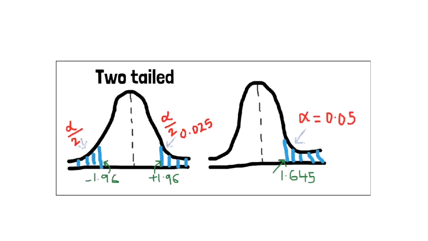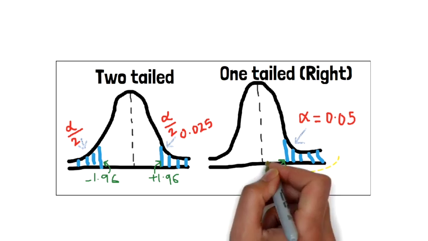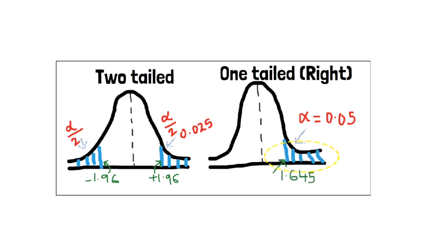Statistically, there will be some differences between one-tailed and two-tailed tests. One-tailed test will have just one critical region, while a two-tailed test will have two critical regions. When performing a two-tailed test, we need to consider alpha/2 rather than alpha. The critical value for the right-sided one-tailed test with a 5% significance level, Z(1-alpha), is 1.645.